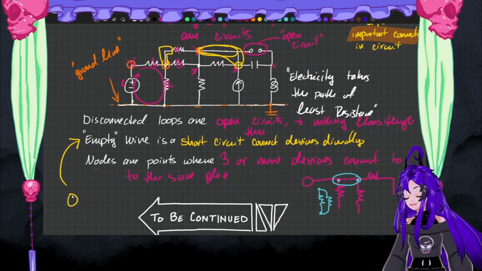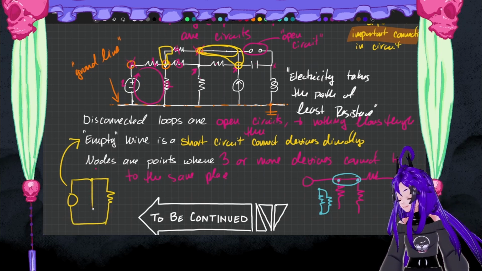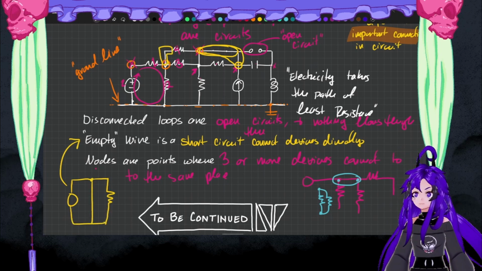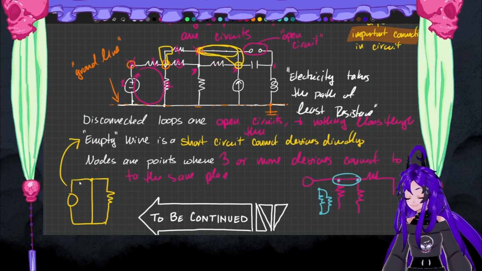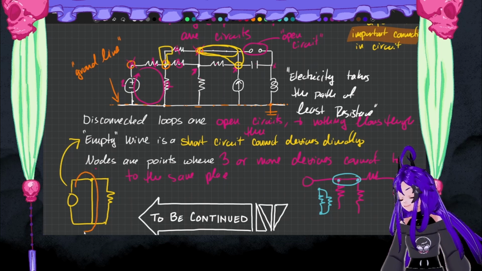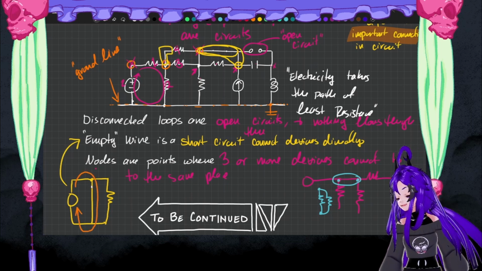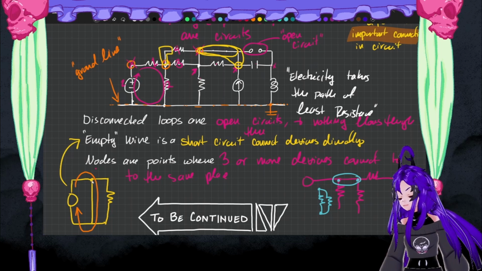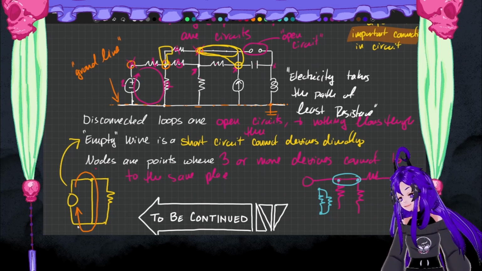Like say if you have a source of some sort and some device and then a short circuit here, well, electricity likes to take the path of least resistance, and I mean that pun intended. So it's going to go entirely through this short circuit.